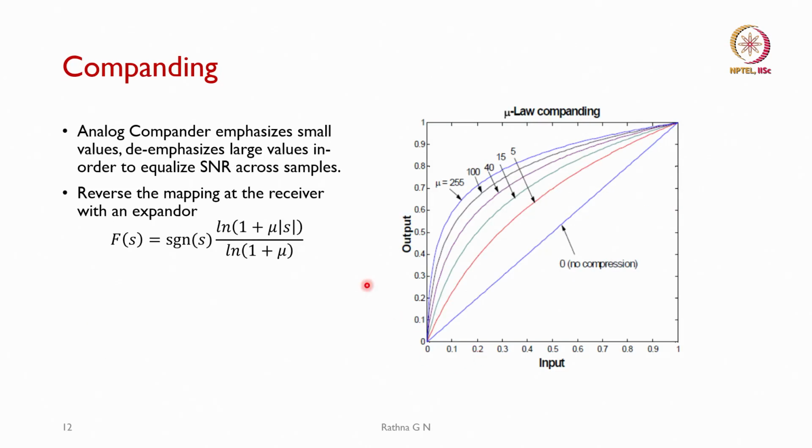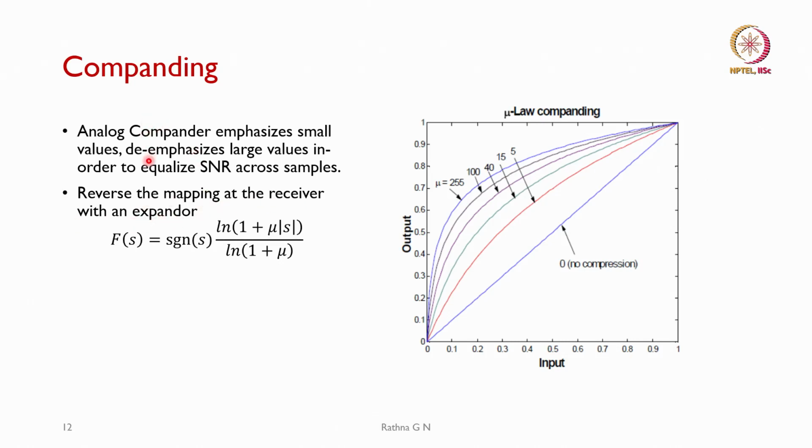Fine. So, what are the companding techniques one has? Okay. What it says is the analog compander emphasizes small values and de-emphasizes large values in order to equalize the signal to noise ratio across the samples. Reverse the mapping at the receiver with an expander.